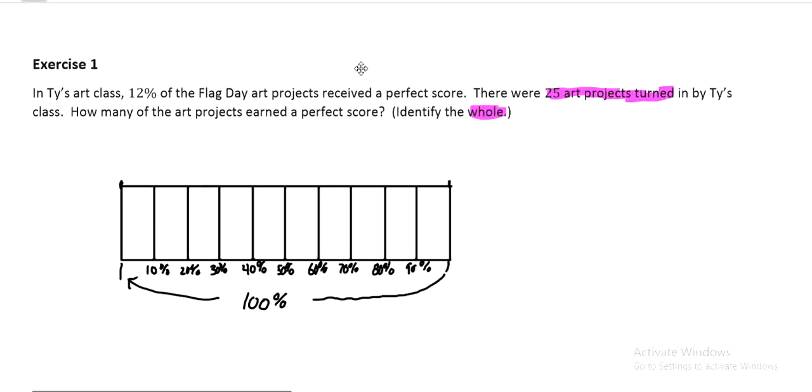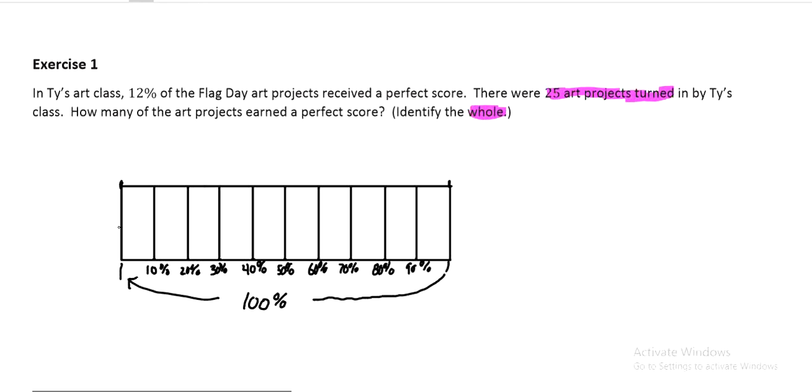So there we go, I have my tape diagram. Same deal, guys. The full tape represents 100%. I broke it up into 10 portions that each represent 10%, for 10 total portions to equal 100%. The part that changes is the top. Up here, I remember I'm talking about art projects.